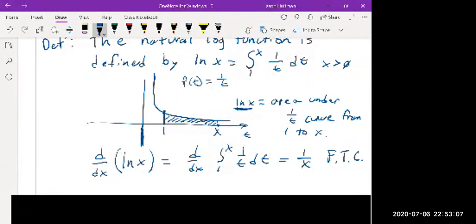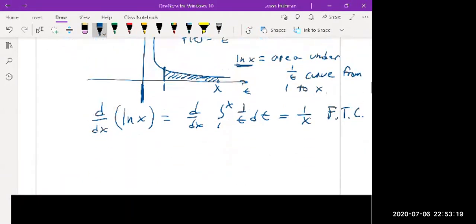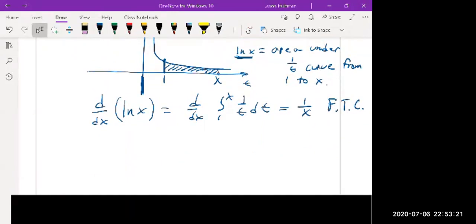We get the rational function of x. Why is that important? Because we're going to start taking derivatives of logs. The derivative of a natural log is 1 over x, so keep that in mind.